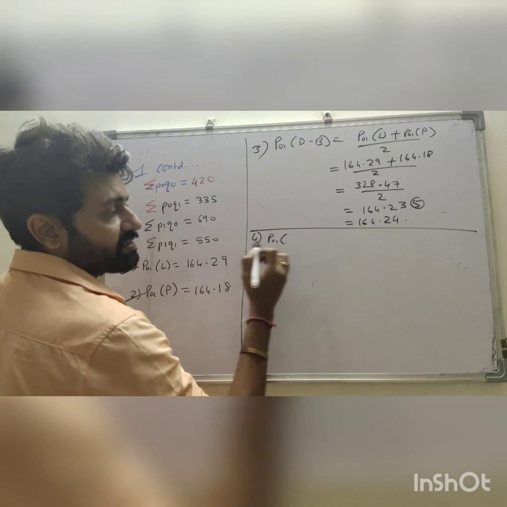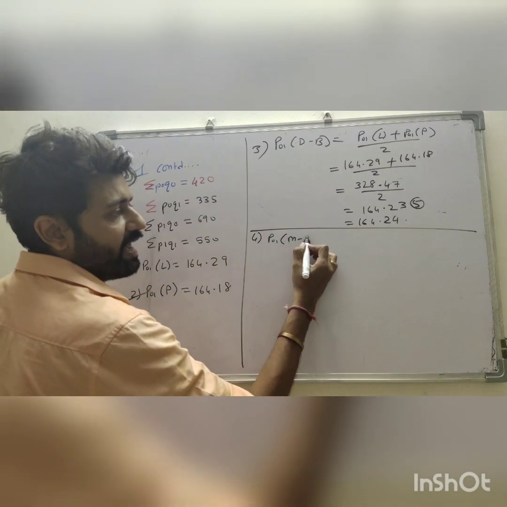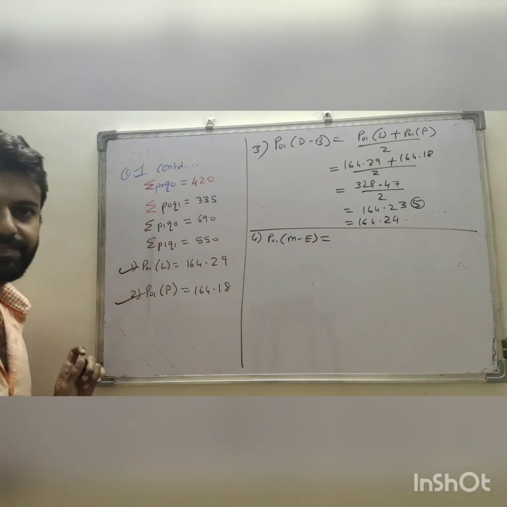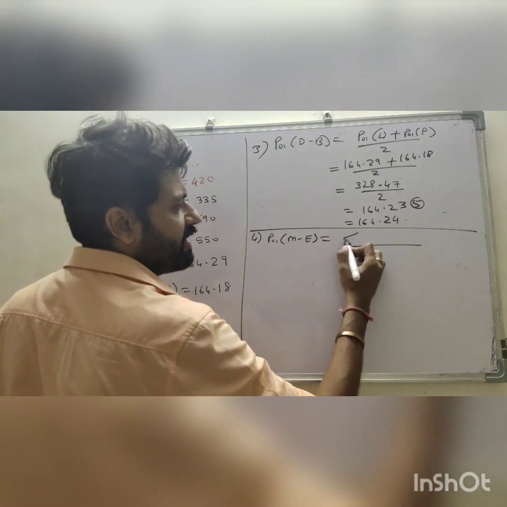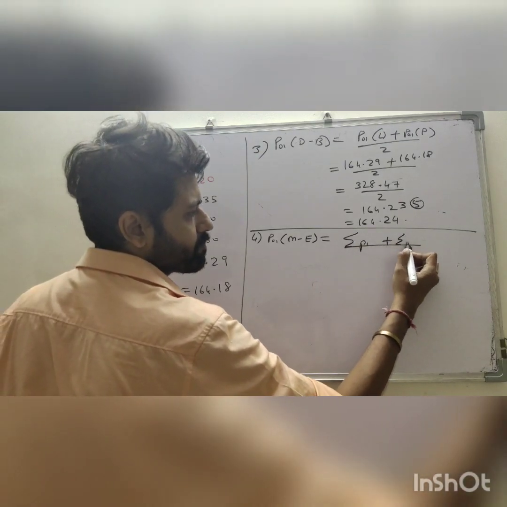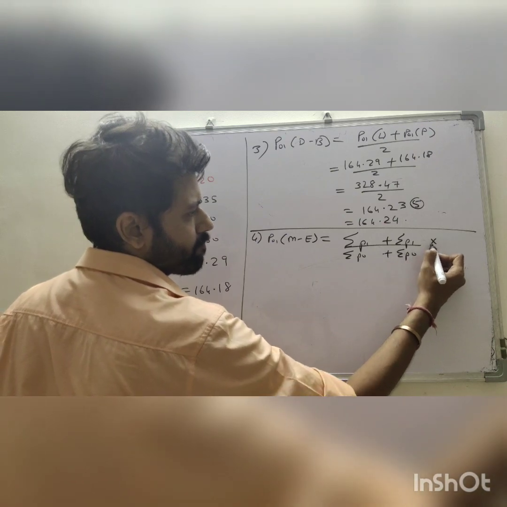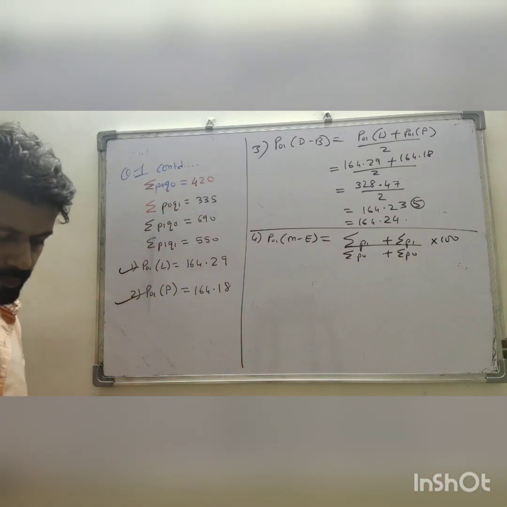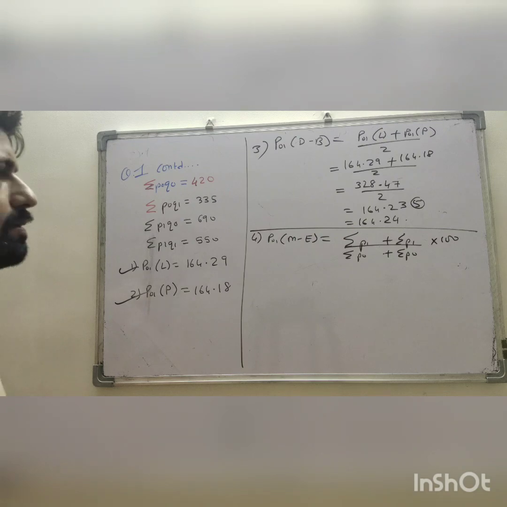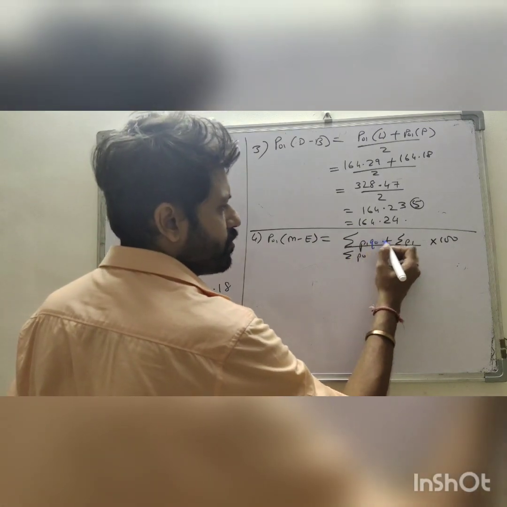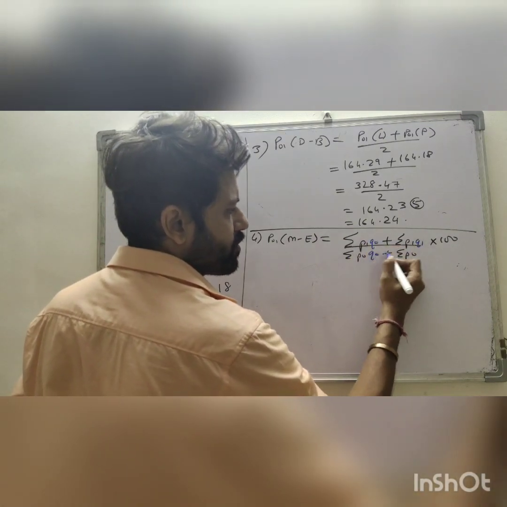The last one they are asking in this question is Marshall-Edgeworth. This is how we remember Marshall-Edgeworth. Write here: summation of Q0 plus Q1 times P0 and P1.